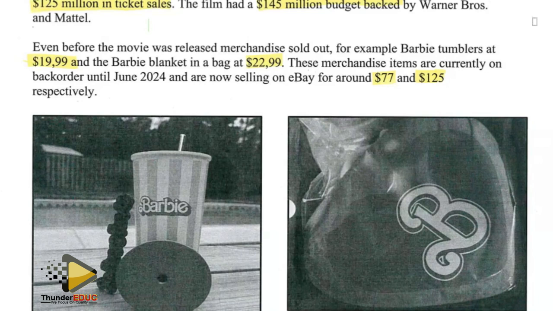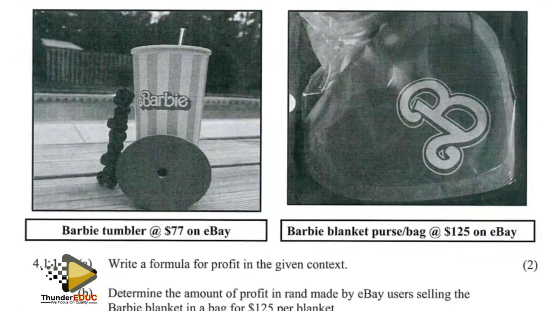For example, the Barbie tumblers at $19.99, then the blanket sold at $22.99. These were dollars. These merchandise items are currently on back order until June 2024 and are now selling on eBay for around $77 and $125 respectively.